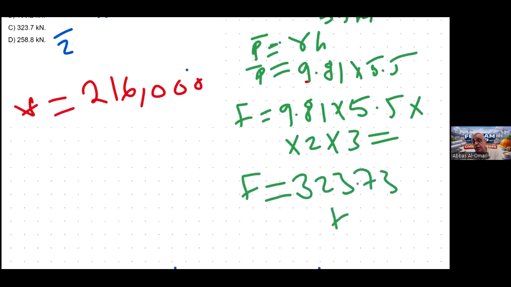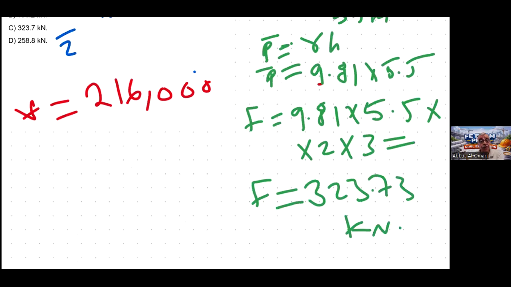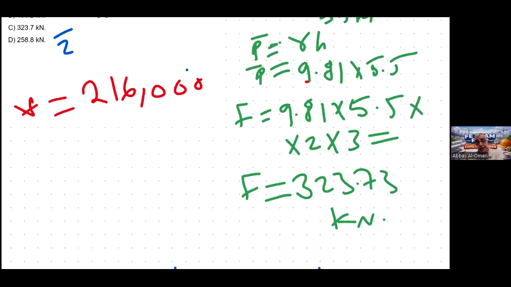This is also a common question in the FE exam. So the easiest way to solve is to calculate the average pressure at the geometric centroid and multiply it by the area. So this is the fastest and easiest way to solve this type of problem.